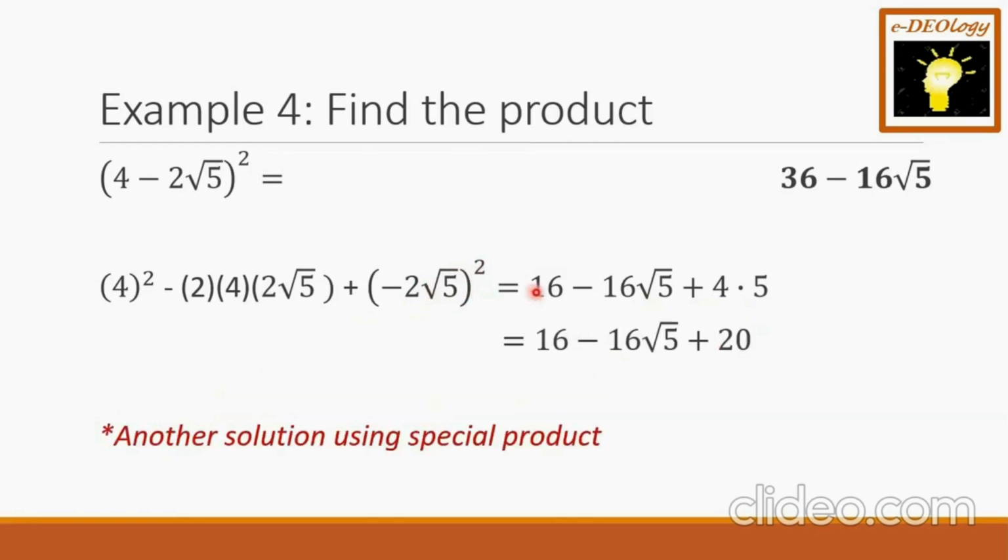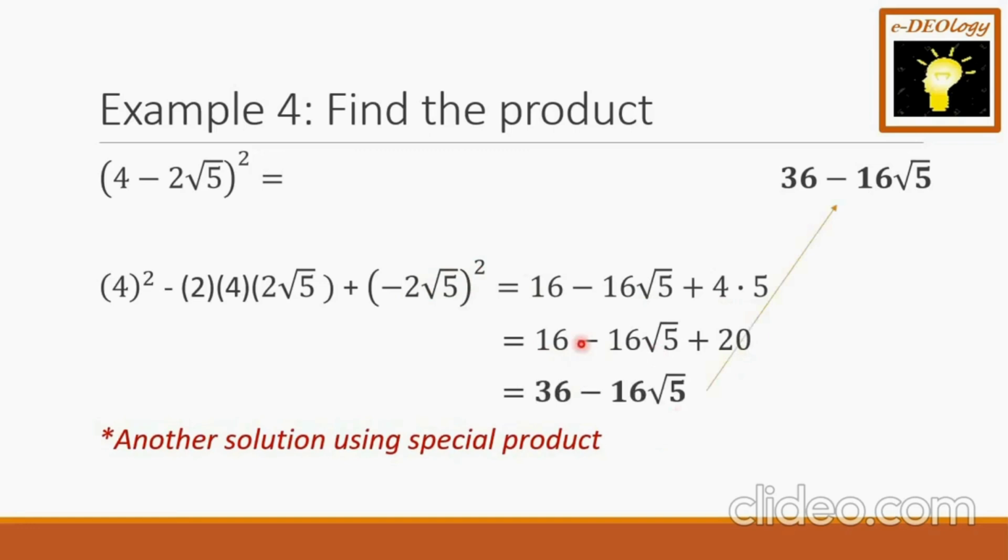Then we will simplify, the 16 comes down, then minus 16 square root of 5, multiplying 4 and 5 becomes 20. Then we will combine the 16 and 20. So this answer here is the same with our answer a while ago when we solved this using the long method of multiplication.